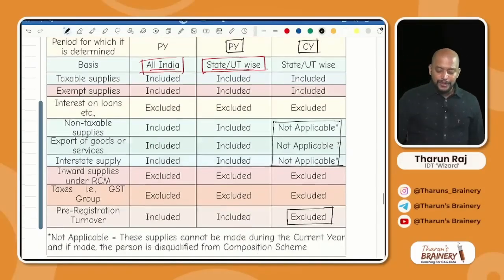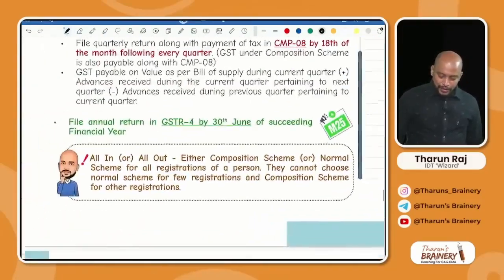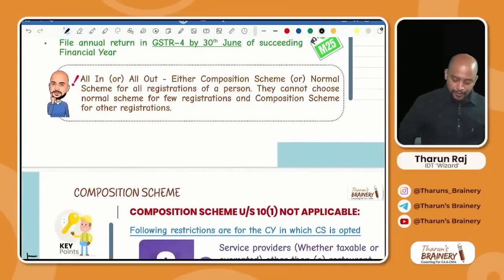So with this, composition scheme is over. One more point you just add here, that is, I told you now all in or all out. So there you write down this point.